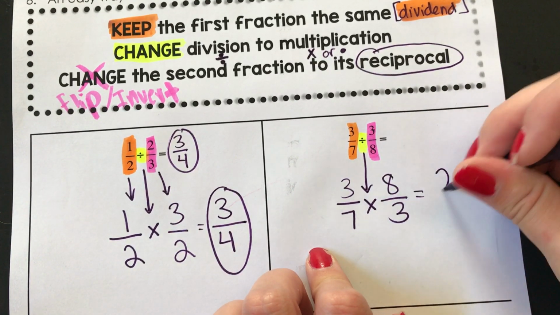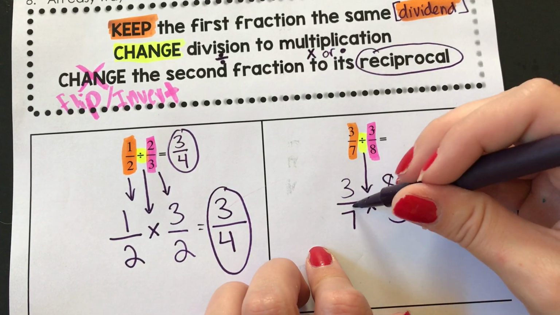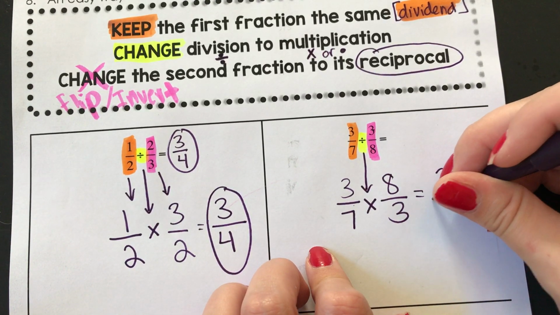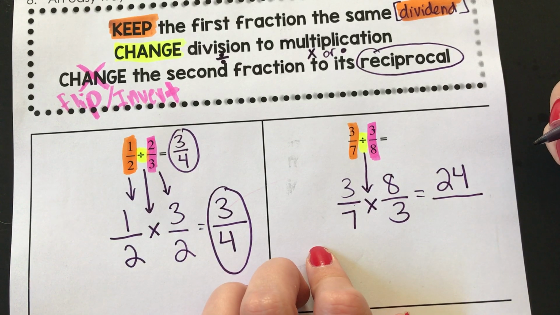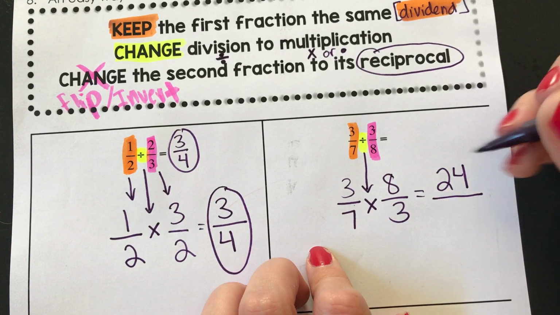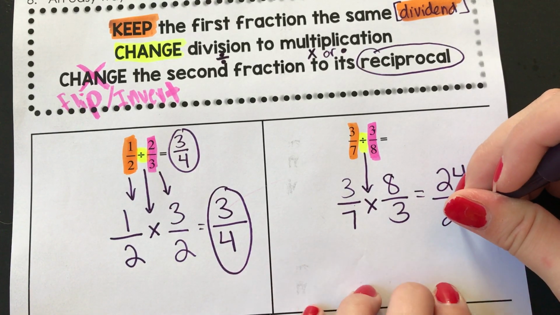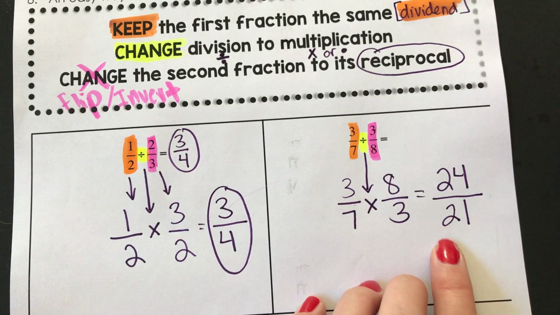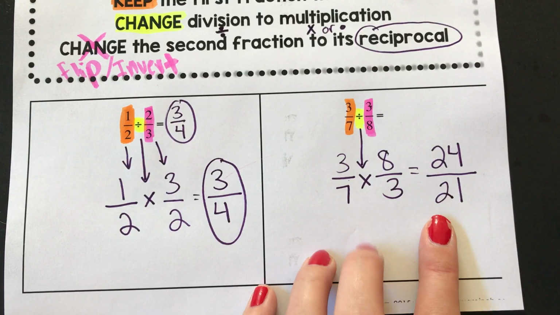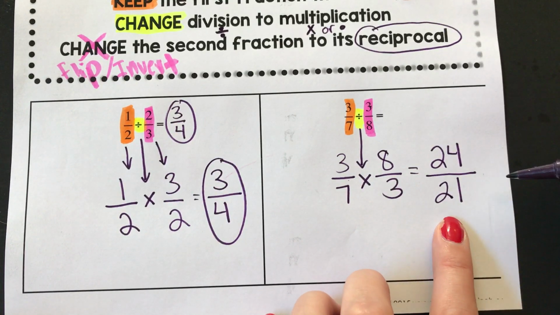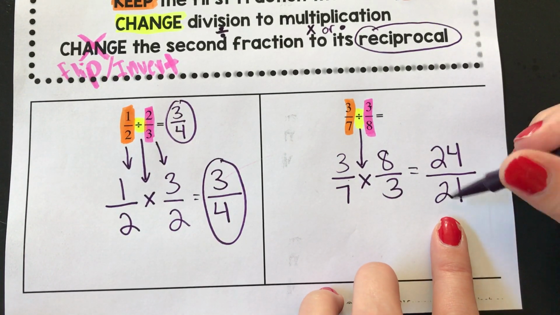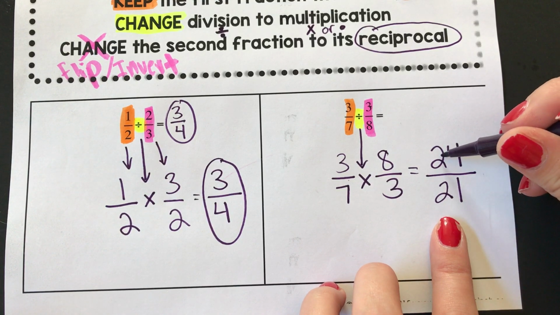3 times 8 is 24. 7 times 3 is... Oh, that's not right. 2 times 8. No, that's right. And then 7 times 3 is 21. Oh, I caught myself. I was thinking, this can't be right, but actually it is. I'm going to need to simplify this. How many times does 21 go into 24?